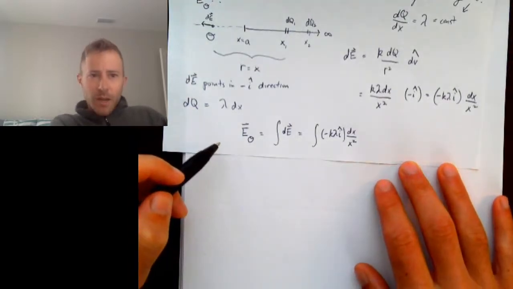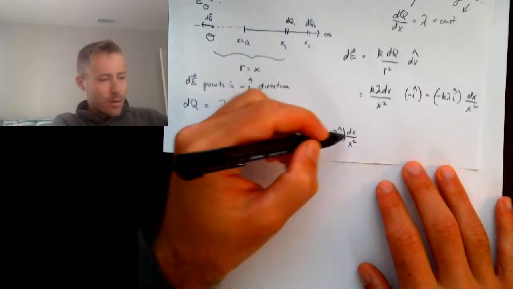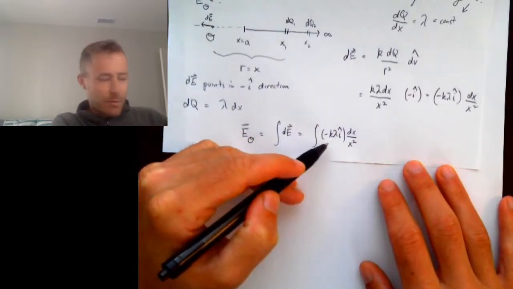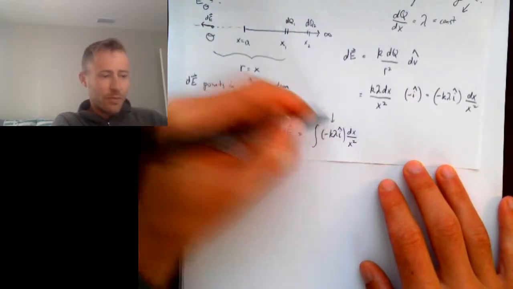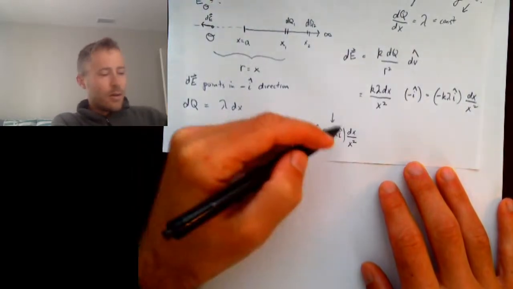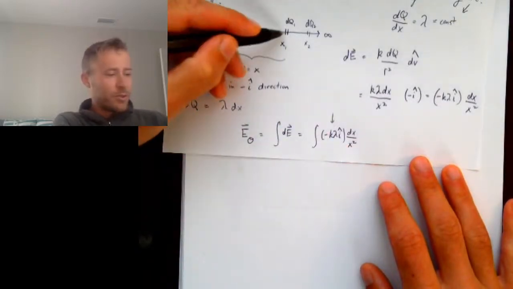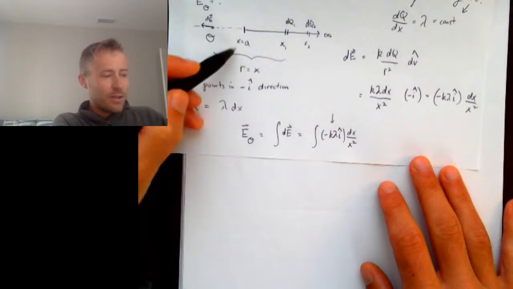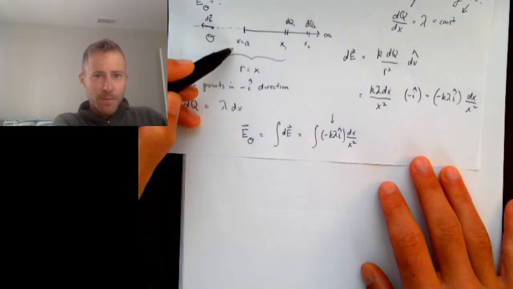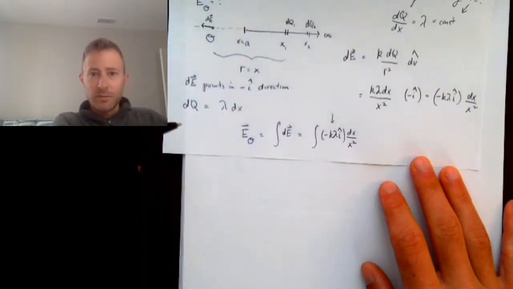Now I can see that my integration variable is dx, so anything that doesn't depend on x can be factored out. Furthermore, x is labeling where the infinitesimal piece of charge is. The nearest infinitesimal piece of charge is at x equals a, and the farthest is at x equals infinity.